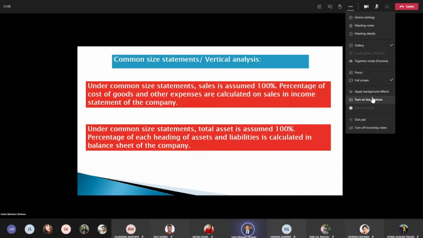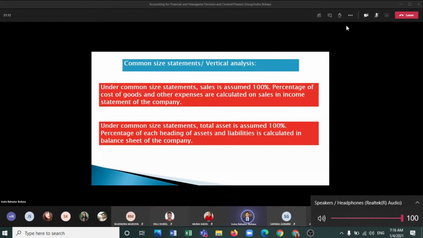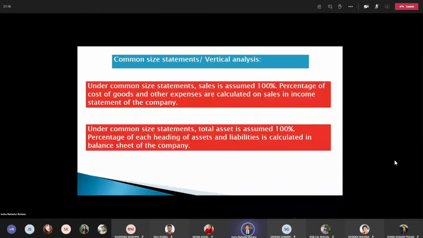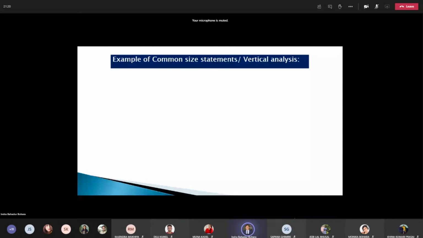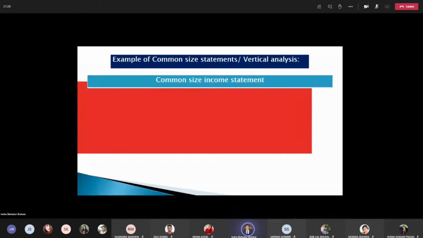Then these percentages are compared with the past, and also compared with other competitors. Then the company's real position is assessed. Here is one example. Then we go to the exercise regarding vertical analysis and horizontal analysis.